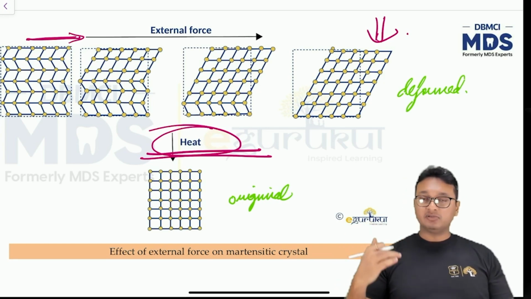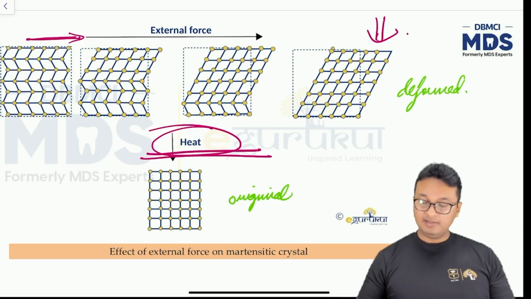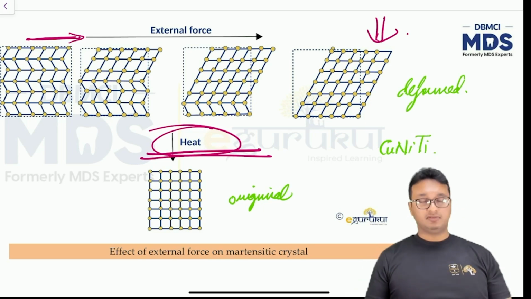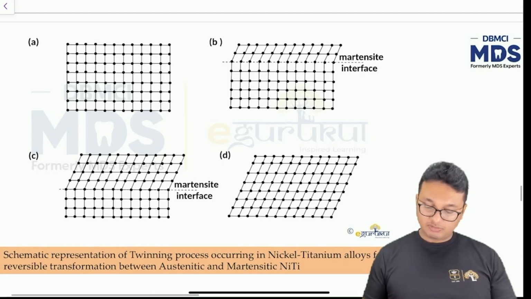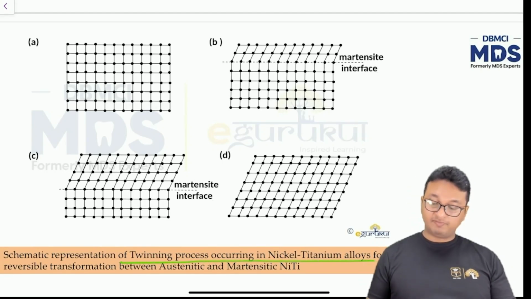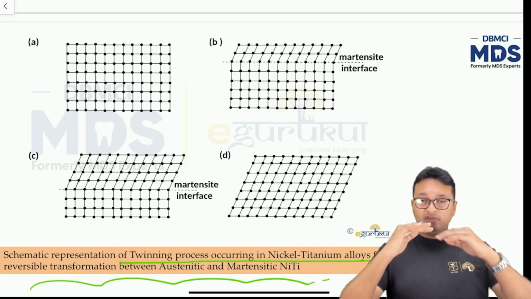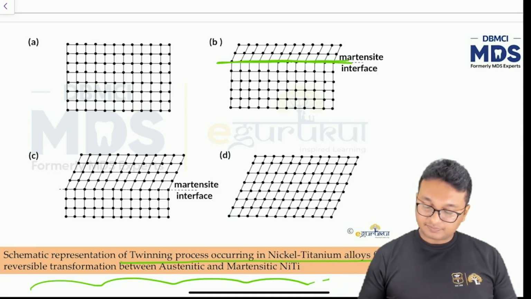It gets converted to the original structure, and this is the fundamental principle behind the working of copper nickel titanium arch wires. I'll be talking about that also. This figure shows a schematic representation of twinning occurring in nickel titanium alloys for the reversible transformation between austenitic and martensitic nitinol. What is happening? Whenever the forces are being given, this is the interface.